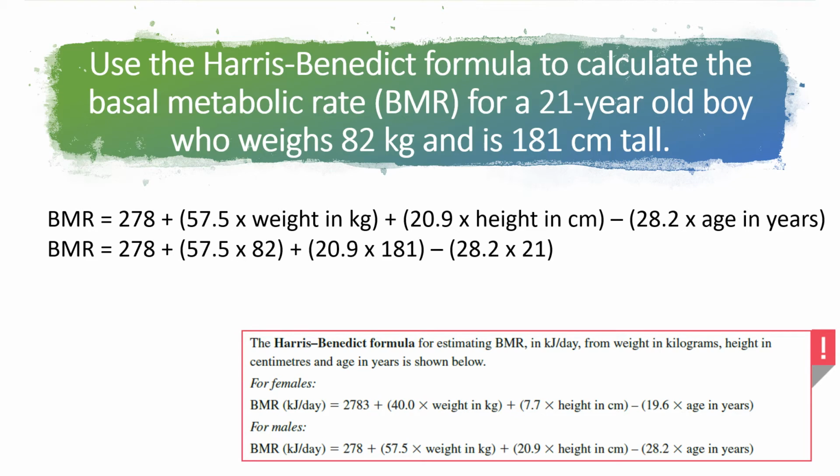If we put in the information we know, we have BMR equals 278 plus 57.5 times 82, because he weighs 82 kilos, plus 20.9 times 181, because he's 181 centimetres tall, minus 28.2 times 21, because he's 21 years old. Now make sure when you're putting this into your calculator that you're using your brackets, okay? That will avoid any calculator errors. And if you type that all into your calculator, you will get a BMR of 8,183.7 kilojoules per day.